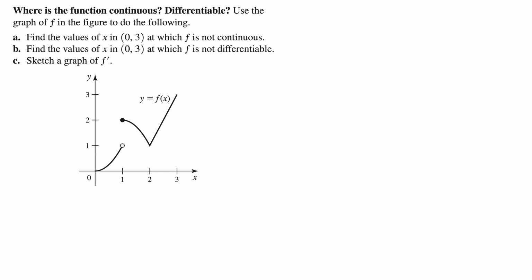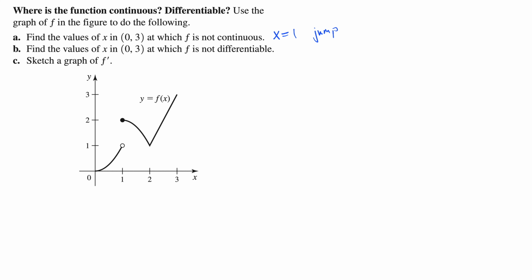Okay, so part A, find the values of x in 0 to 3 at which f is not continuous. Okay, well, I'm seeing a jump discontinuity at x equals 1. So at x equals 1, we have a jump discontinuity. Okay, part B says find the values of x in 0 to 3 at which f is not differentiable.